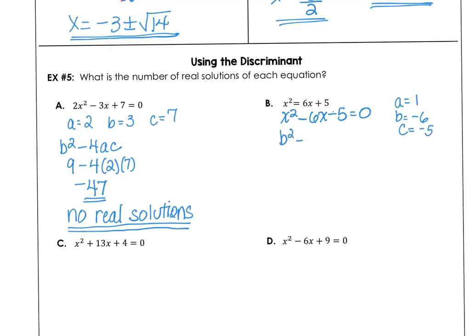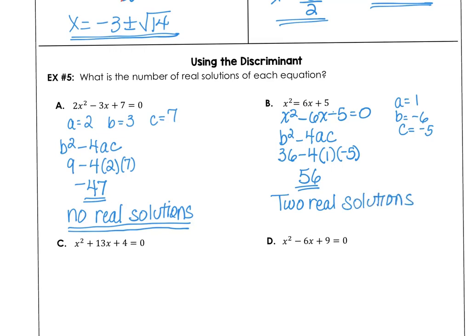The value of the discriminant, b squared minus 4ac, is 36 minus 4 times 1 times negative 5. So 36 plus 20 is 56, and 56 is greater than 0, which means we would expect 2 real solutions in this case.